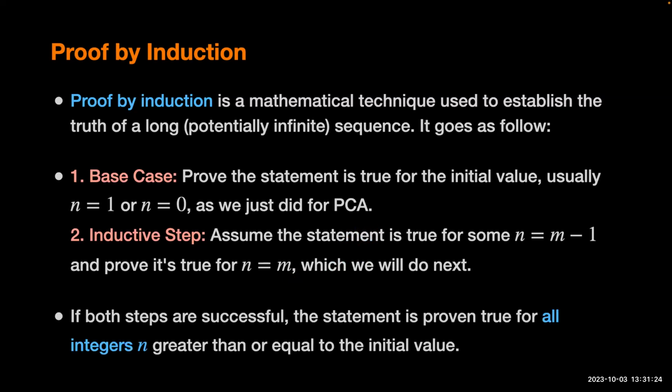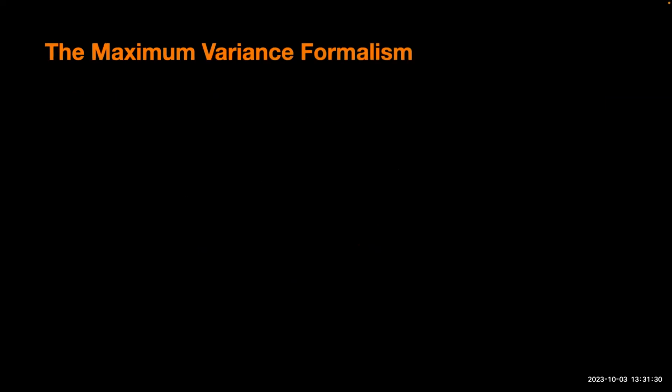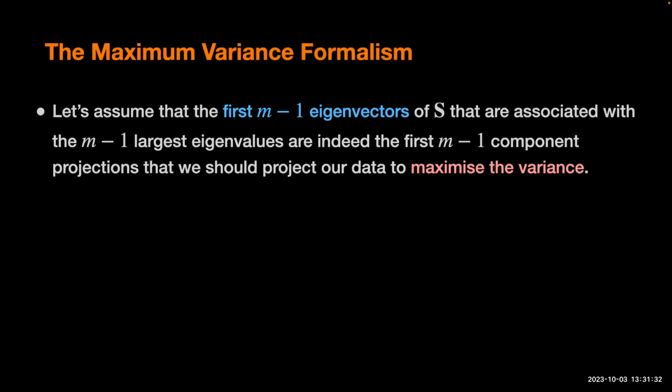So that's what we want to show. And we want to show that this is true for the statement that we just made. Just to recap, what is the statement that we just made? We have proved the base case, so we want to prove the induction case.